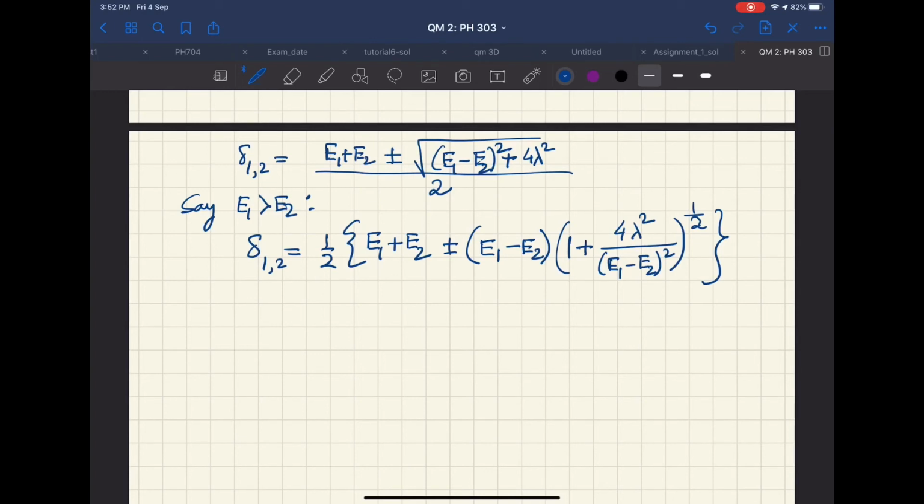We can actually write this if lambda is less than e1 minus e2.